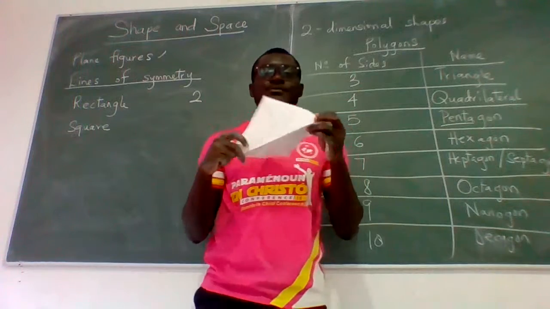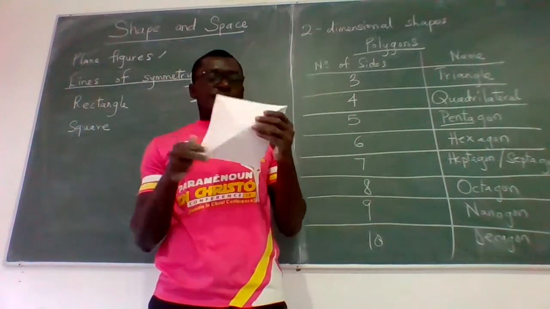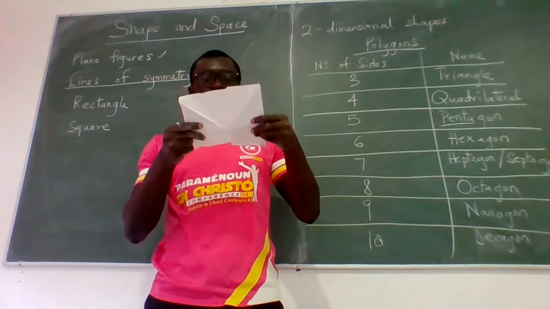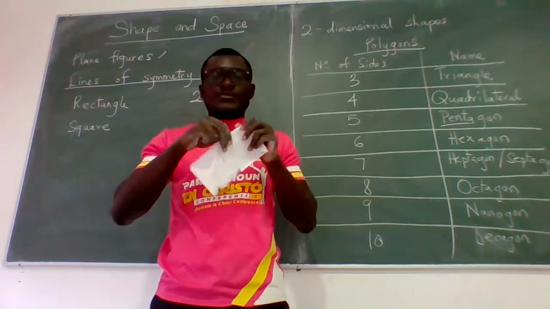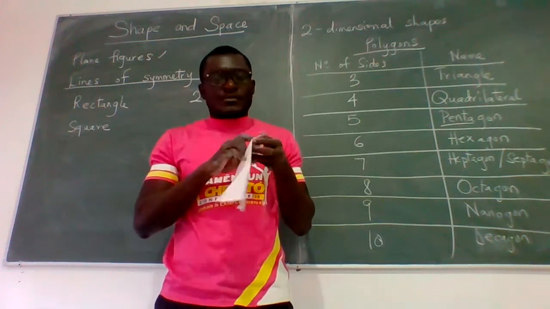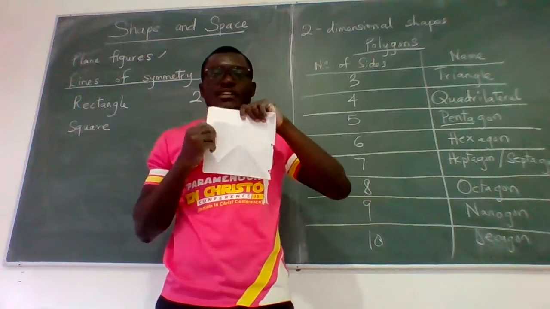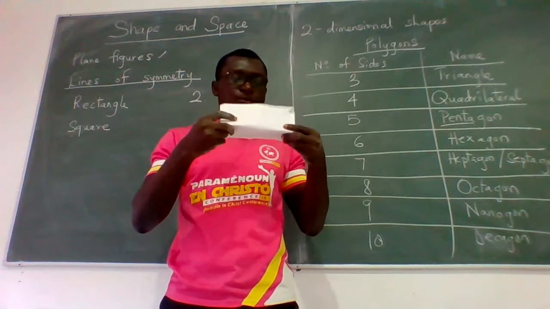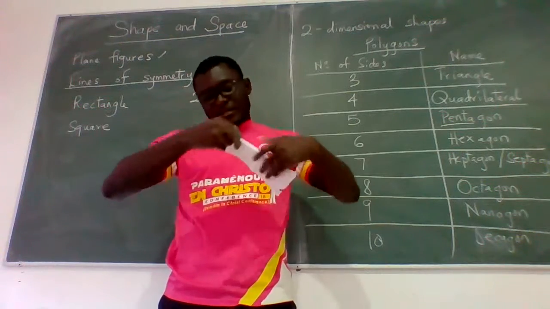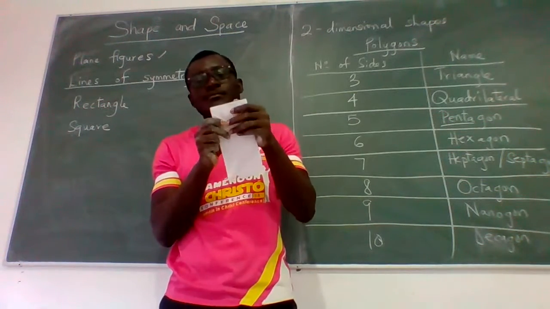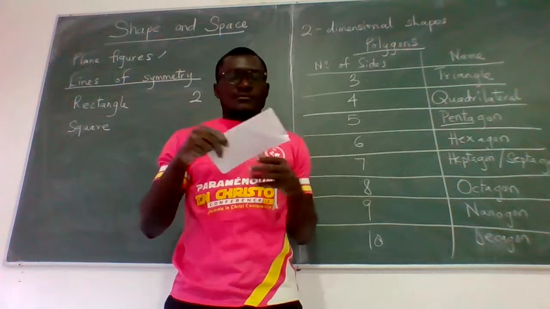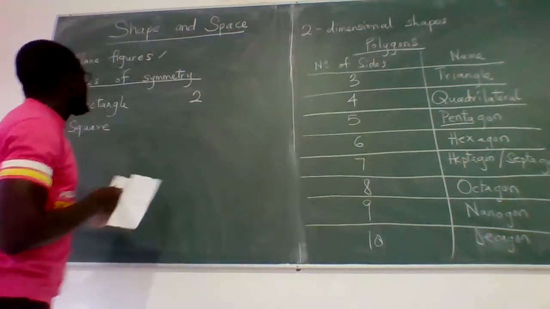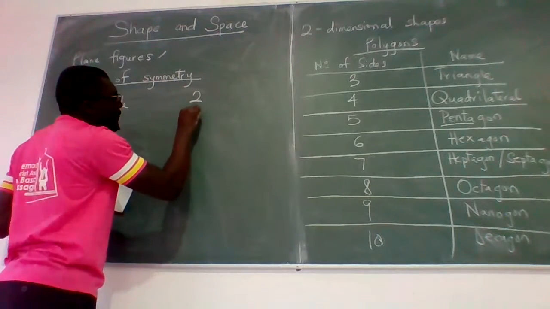Okay, so this one too is here. So we had 1, 2. Now we can go this way too, which now gives us 1, 2, and 3, and then finally I can fold it this way too. So now it means that for a square, we are going to get 4.